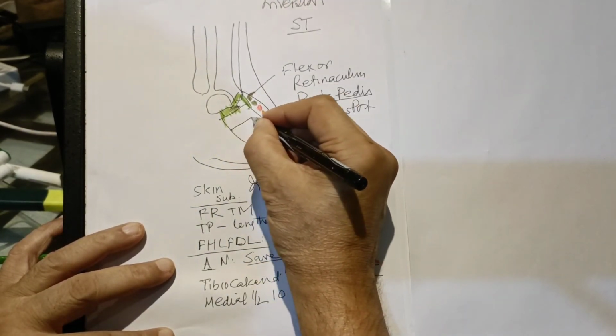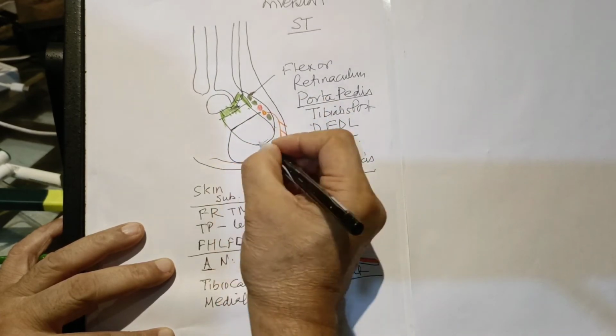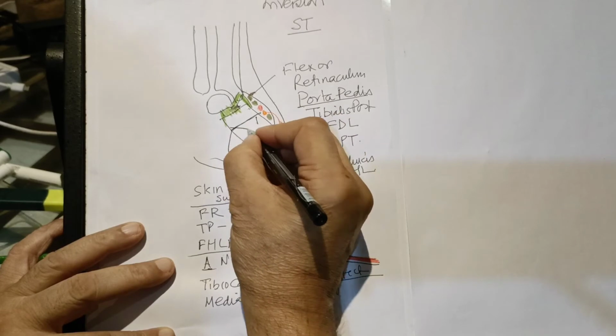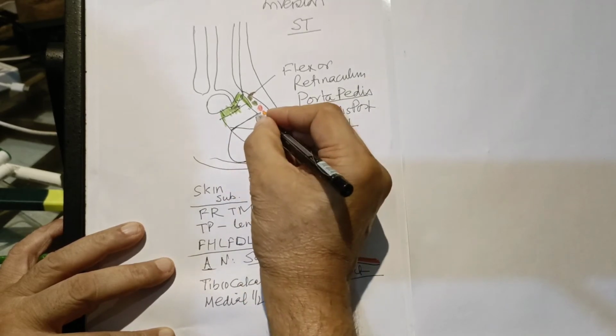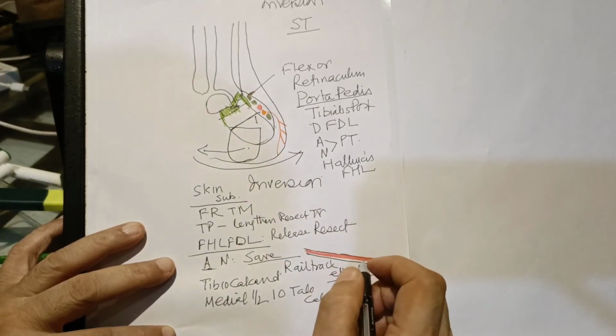Now you can do an osteotomy of the calcaneum and open the wedge medially so that the heel comes into eversion.